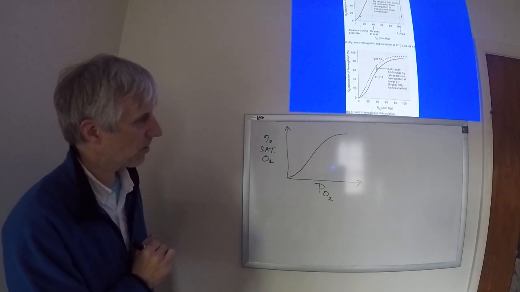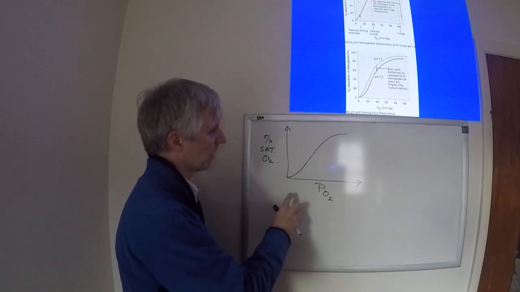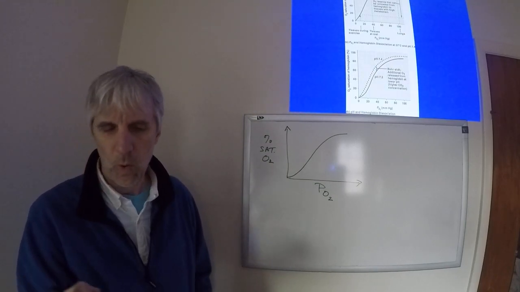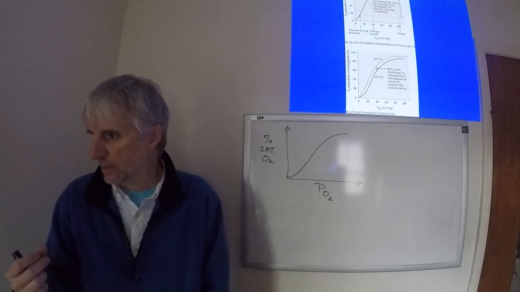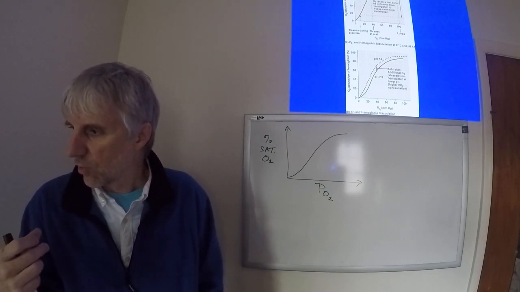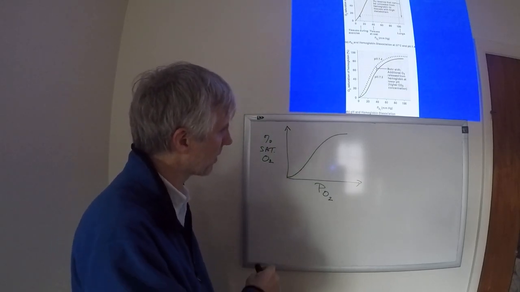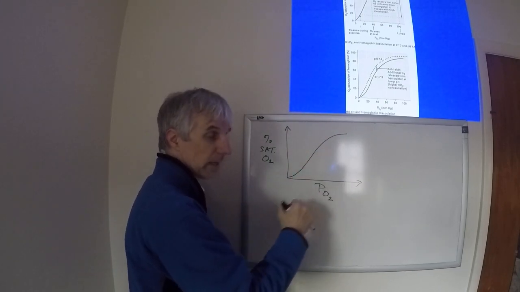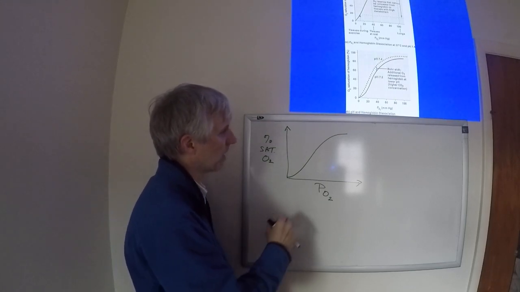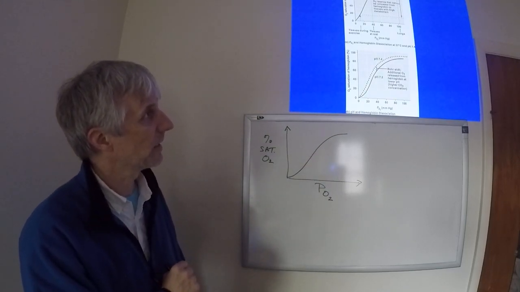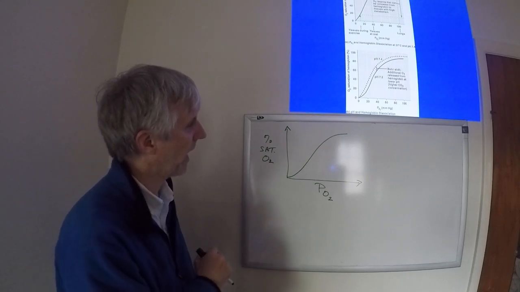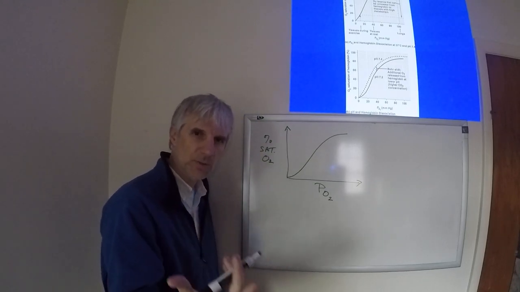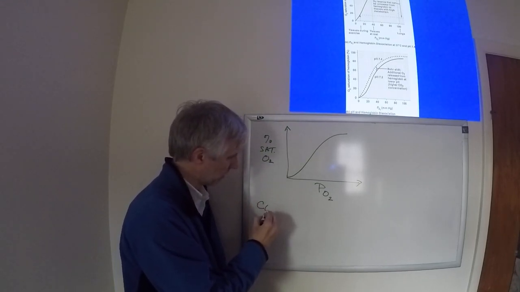We said that curve tended to look like this because of the cooperative oxygen binding and release of oxygen from hemoglobin. We get these weird shapes at low and high partial pressures of oxygen, and in the middle it tends to be fairly linear.